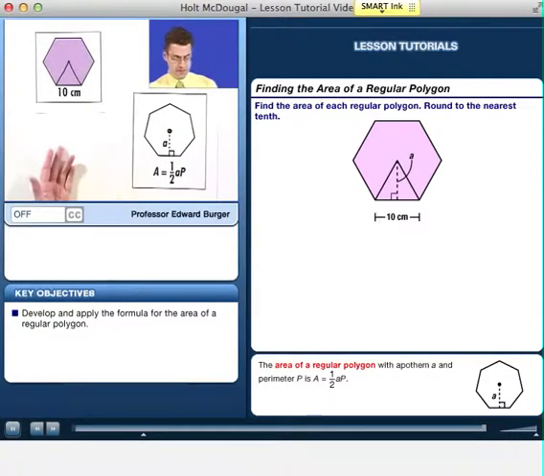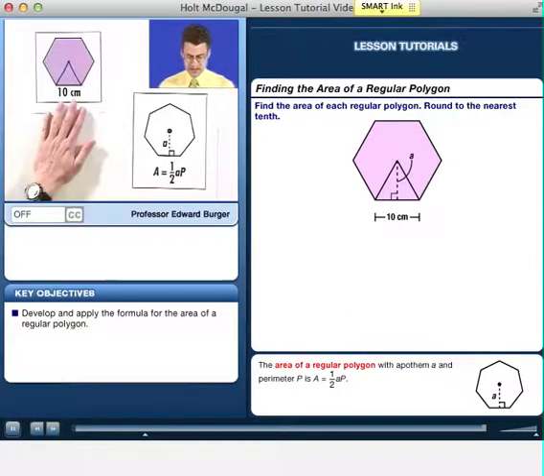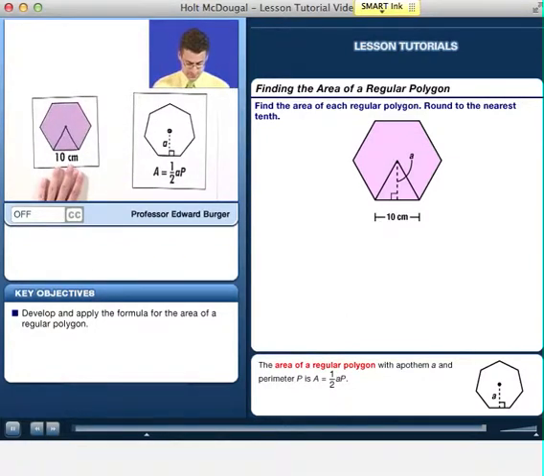So in this case, we have 6 sides, and since it's a regular polygon, each angle here has the same measure, so it's 120. And this is half of it, so this is actually 60.